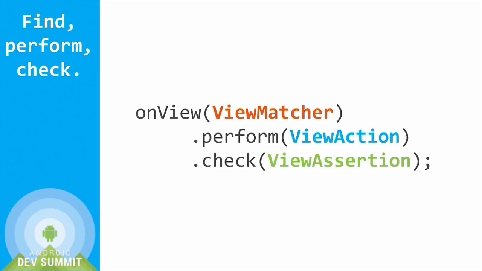We have the onView method as the main entry point, and then we can just use a view matcher to tell Espresso to find us a view in the current view hierarchy. Once we have that view, we can either perform a view action on it, or we can verify a view assertion, like a state change in the UI. A view action in this case would be something like a click or a scroll.